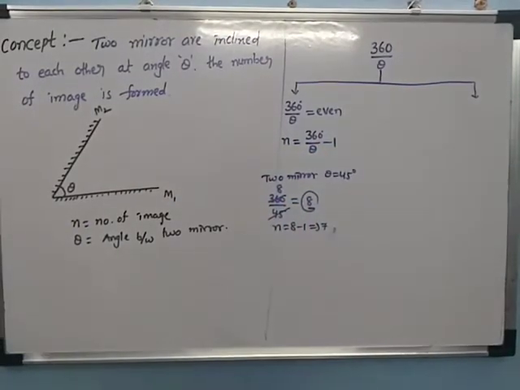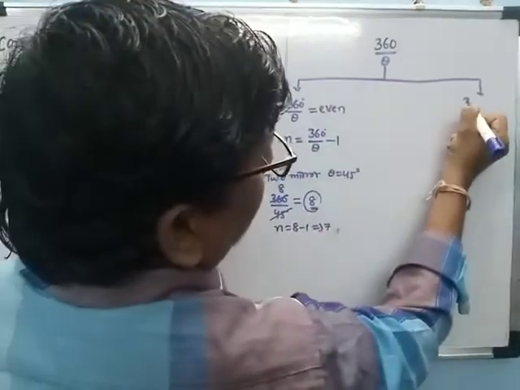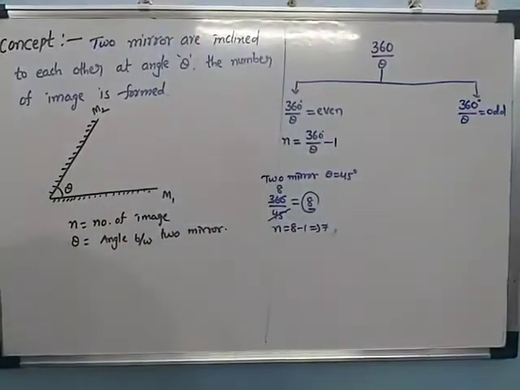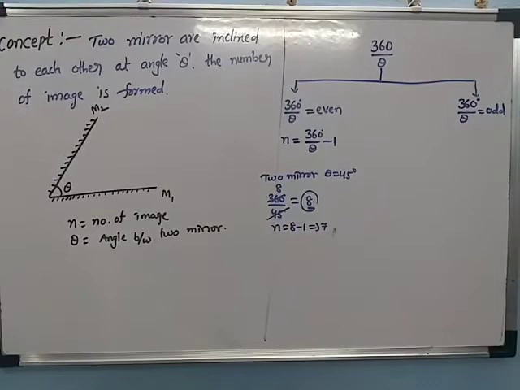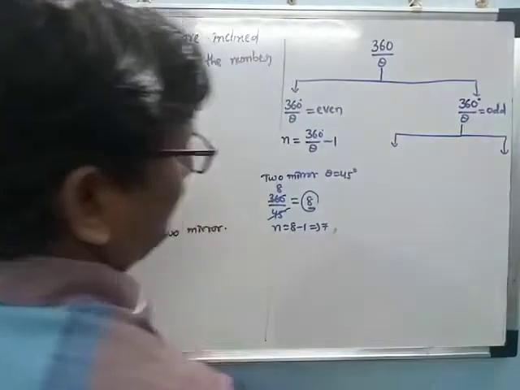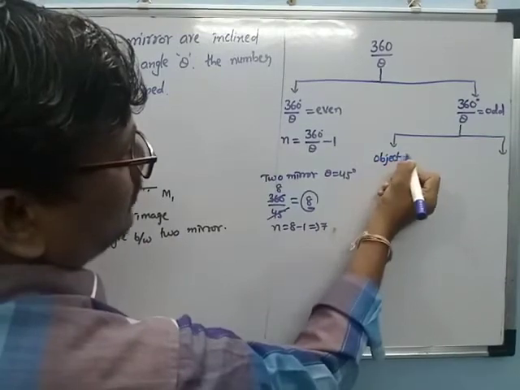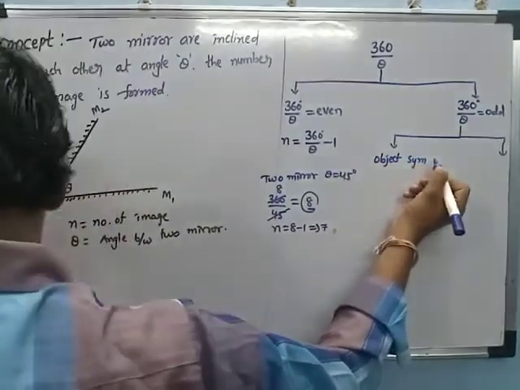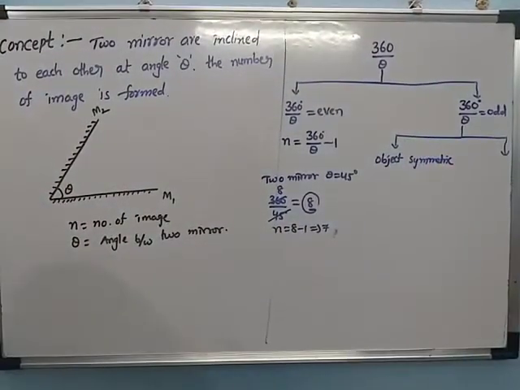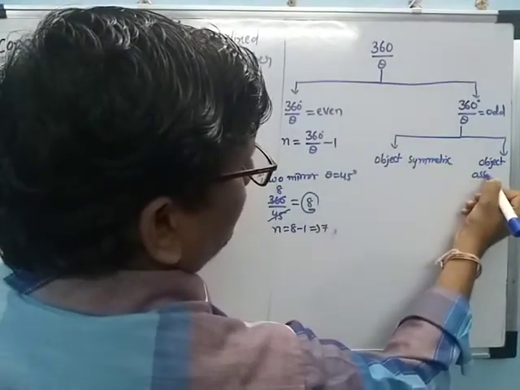See, that is the minus 1 we take. Now, when 360 degrees by theta is an odd number, there are again two possibilities: one is that the object is symmetric, and the other is that the object is asymmetric.